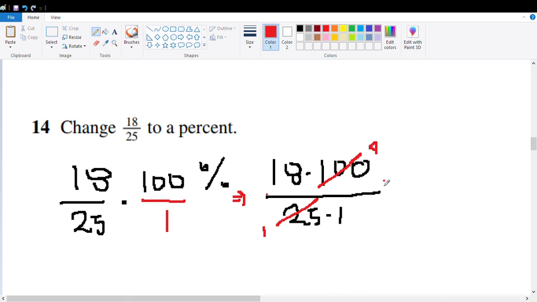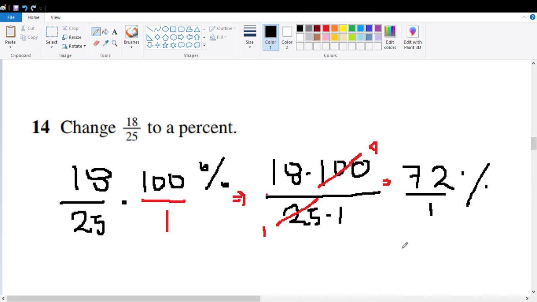Is there any more? No. So we can just multiply across. 18 times 4 is, and we'll put in 72 over 1, and then you don't forget your percent.